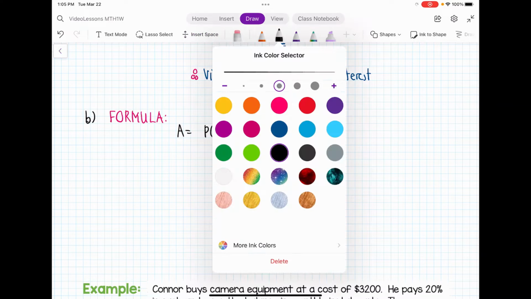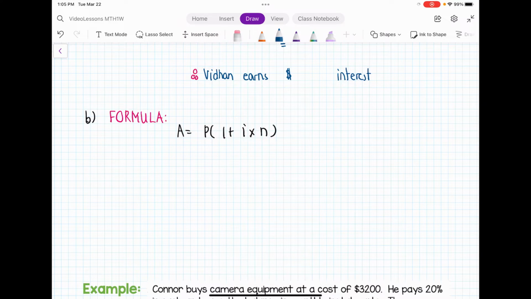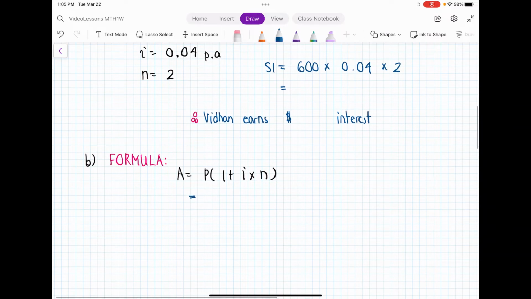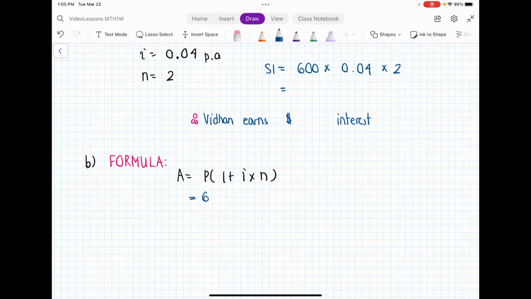So what that means, I don't have to write my givens again because I already wrote them at the top. And it's the same question. So 600 is my principal, open a bracket, 1 plus 0.04 times 2. Now, again, I'm not going to write the answer out. I want you just to use your calculator and check what you get.